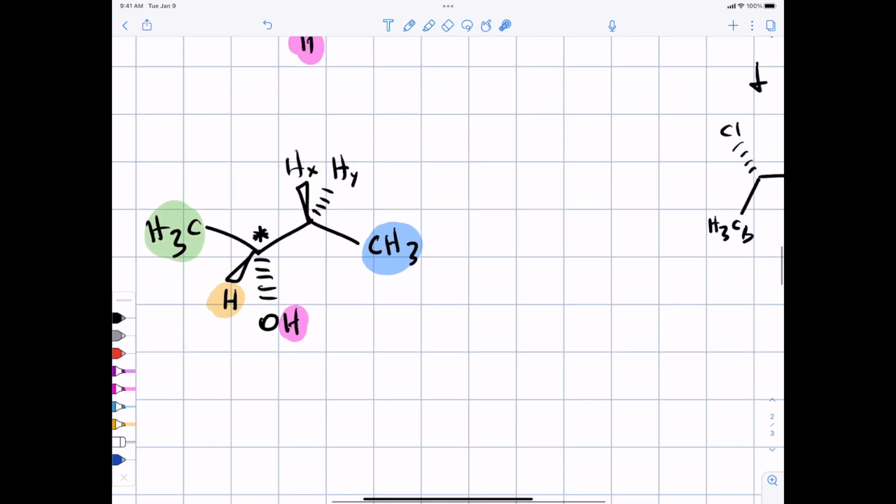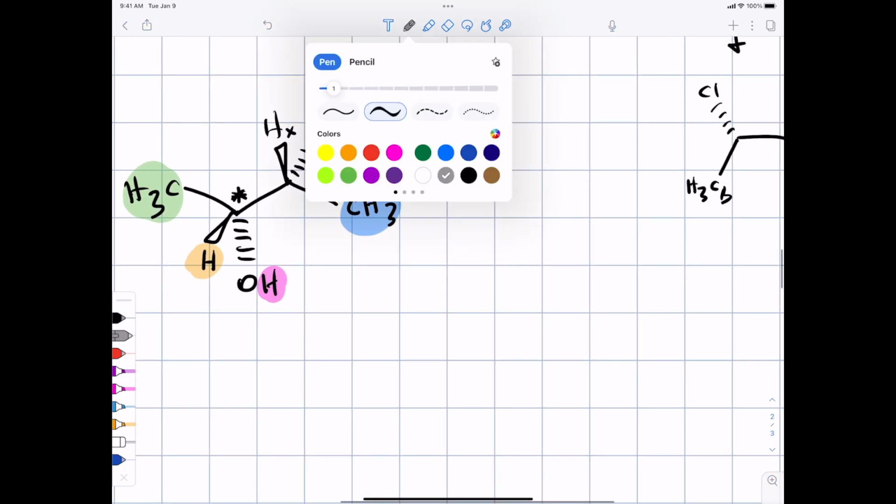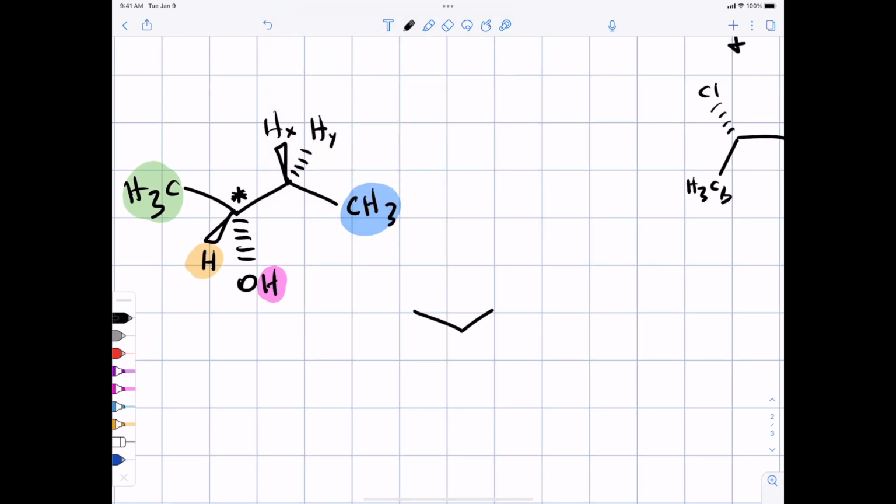Now, some of you may be saying, well, hey, I can fix that problem. Let's just rotate around carbon-carbon bonds.